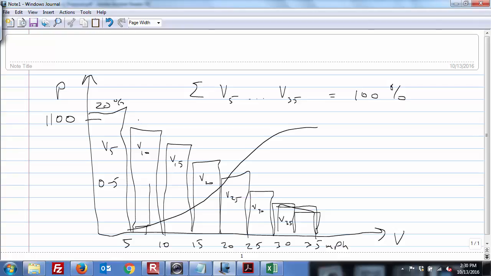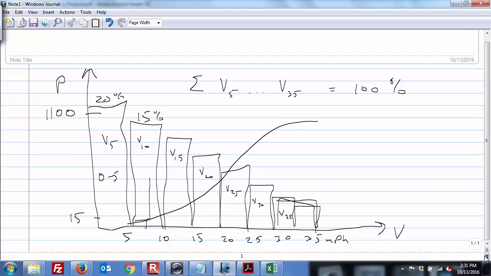Let's just say this is 15% of the time. So 15% of the time, you're running at a velocity between 5 and 10, and the average power, let's just make something up, is 15 watts. So you would multiply 15%.